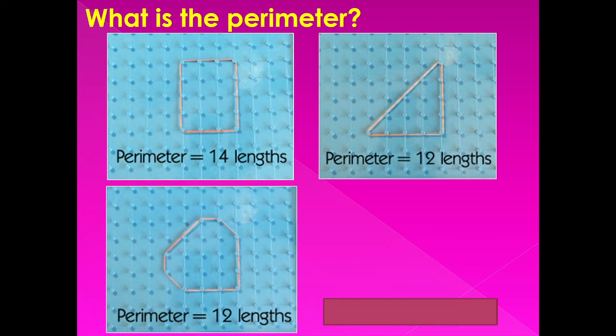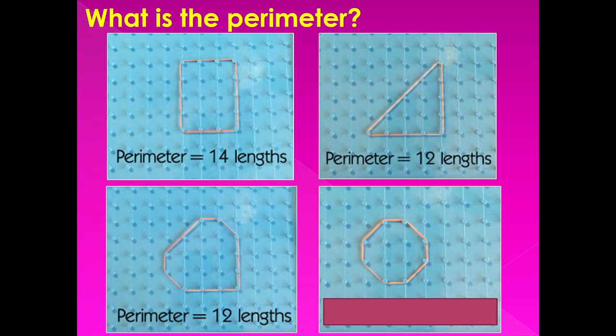It is also 12 units, sir, 12 lengths. What about the last figure here? How do you call this polygon, by the way? An octagon. So why not make use of the geoboard in classifying polygons, letting the students know that this is how it looks, then another student will present another octagon with a different shape, as long as it has 8 sides.